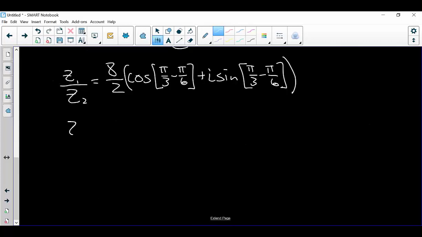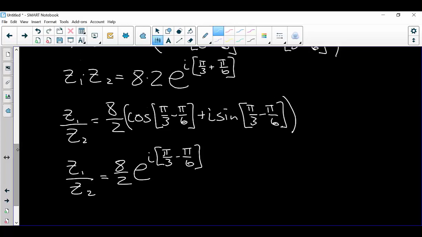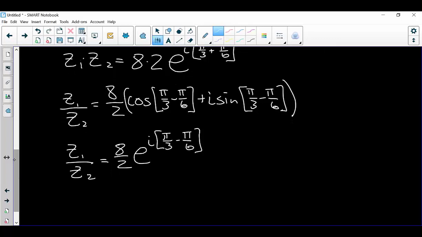Or exponential form. See, super easy. You know, once you get one form, it's easy to go back and forth. Okay. Now, and of course, we would work those out, but I'm leaving it like this so you can easily see what the angle is. In other words, pi over 3 minus pi over 6, we would go ahead and work that out.